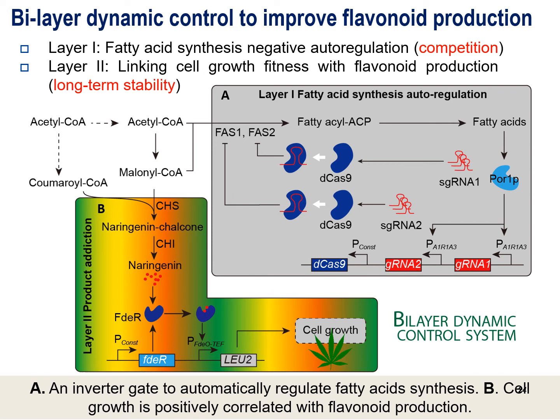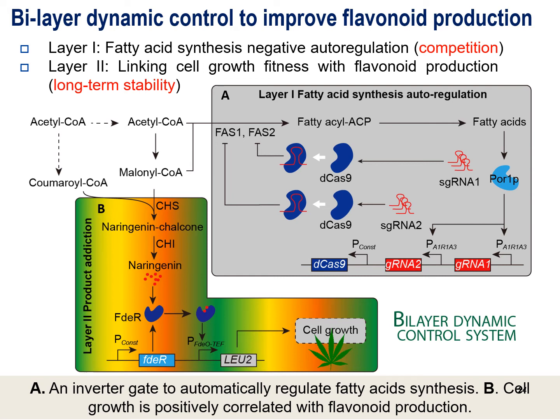They will find the PAM sequence, but they won't cut or cleave the DNA. But they will function as a transcriptional repressor, so they can feedback inhibit the expression of fatty acid synthesis. In such a way, when the cell senses enough fatty acid sensed by POR1P, they will shut down expression of fatty acid synthesis.